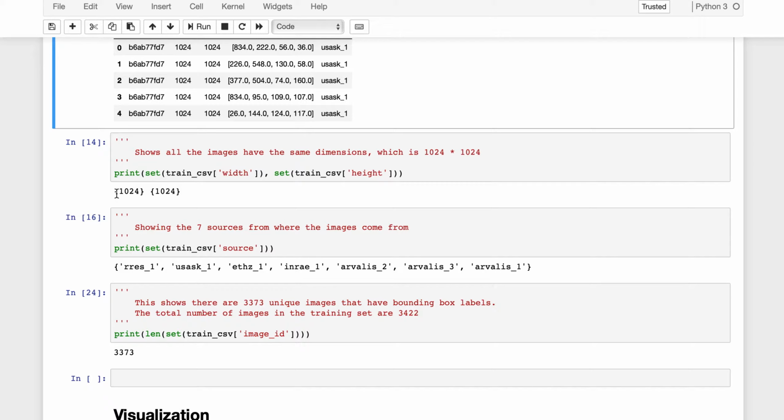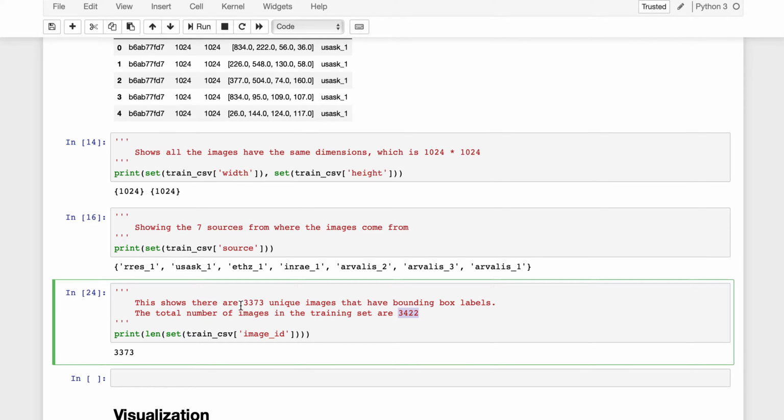There are just a lot of data points, and there aren't enough images, because we have around 3400 images with only 3300 that have bounding boxes.